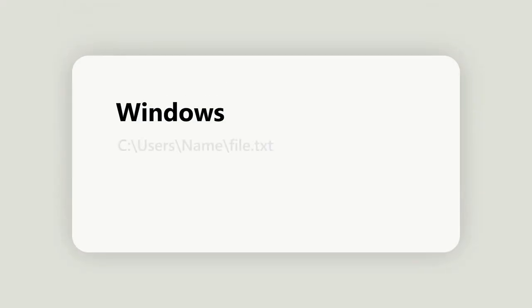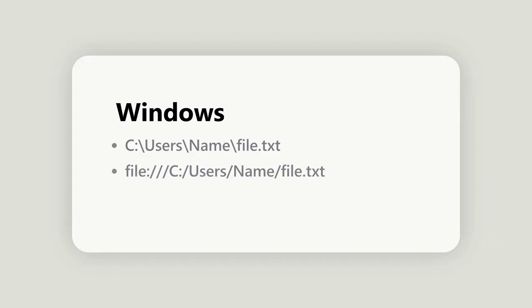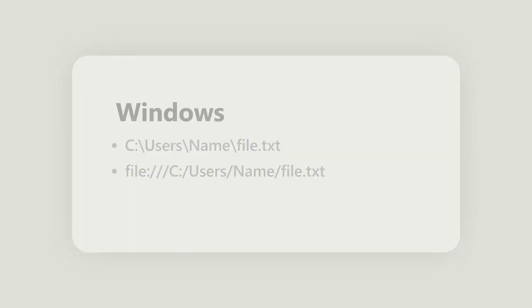When working with file paths in different operating systems, it is essential to use Uniform Resource Identifiers, or URIs, to standardize path formats. In Windows, a file path such as c:\users\name\file.txt would be converted to a URI as file://c:/users/name/file.txt.